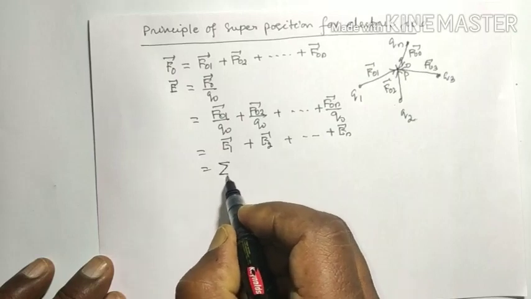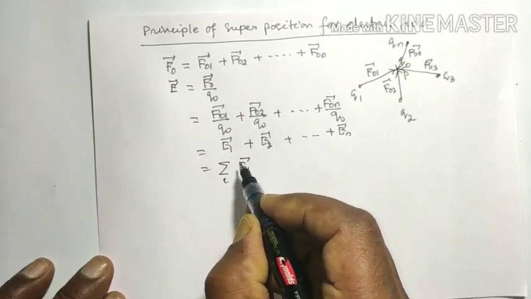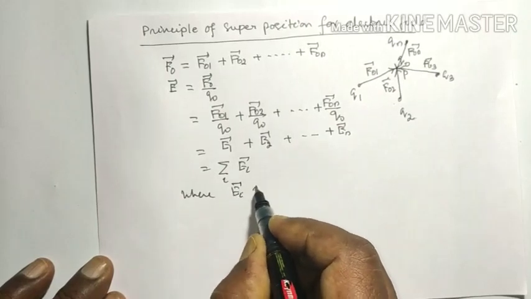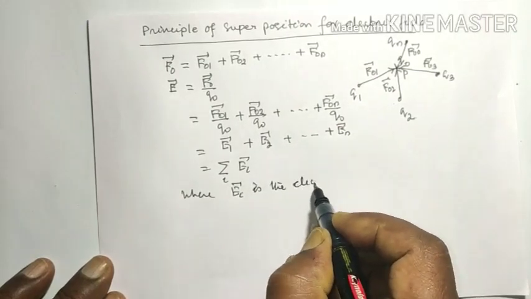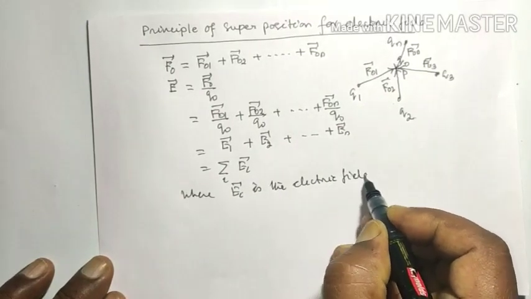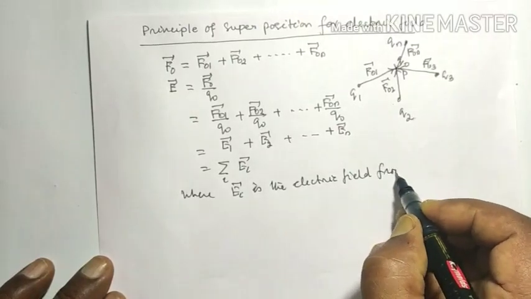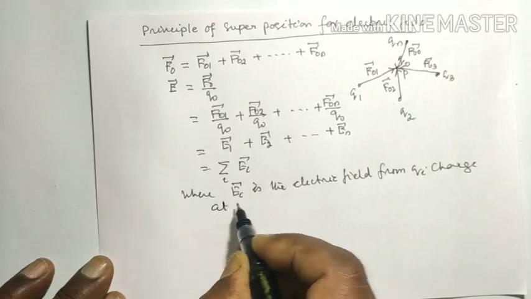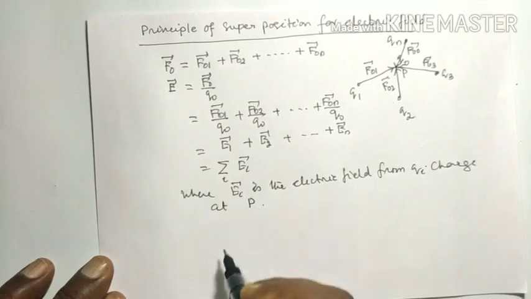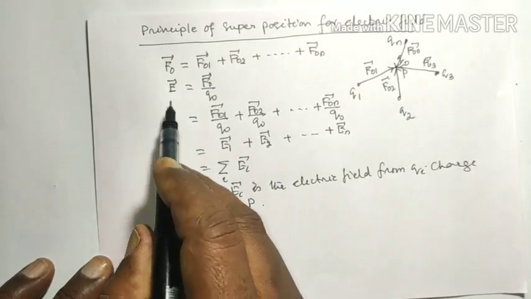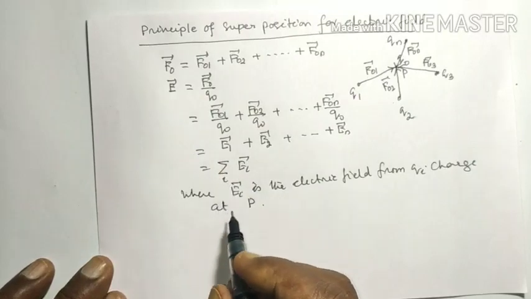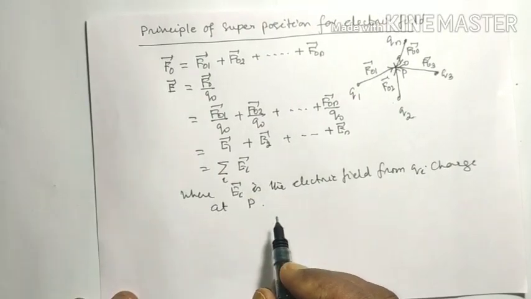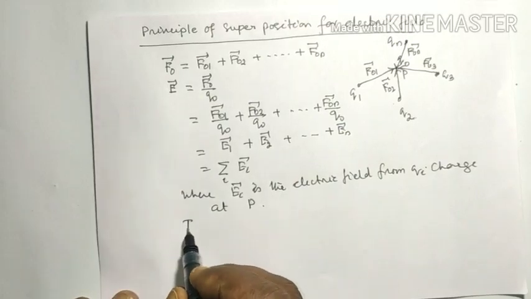So this is the vector sum of the individual electric fields. It can be written as the summation over i of Ei, where Ei is the electric field from charge Qi at P. So the net electric field is the vector sum of the electric fields due to each charge. This is the principle of superposition.